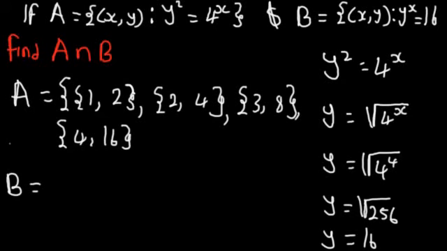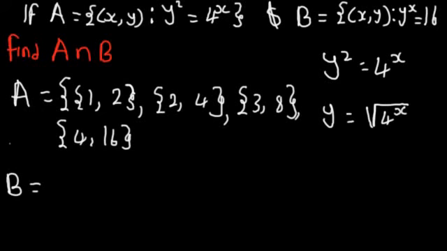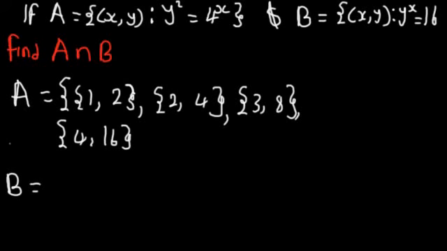y, we have y to the power of x equals 16. This means the value of y will be equals to x root 16, irrespective of what the value of x is. Now how do I get x root 16?